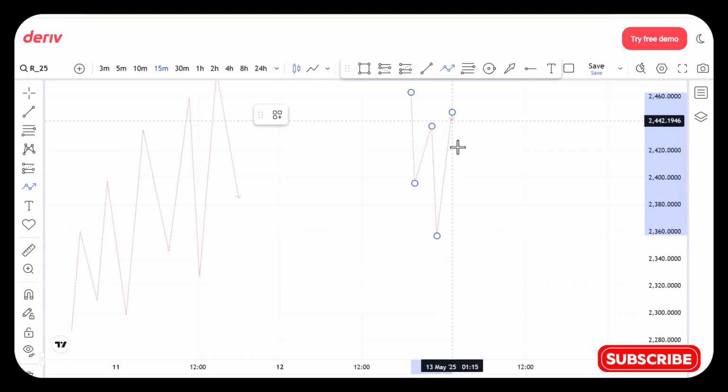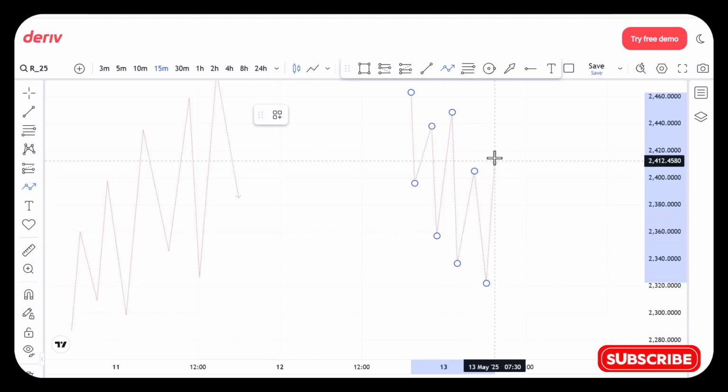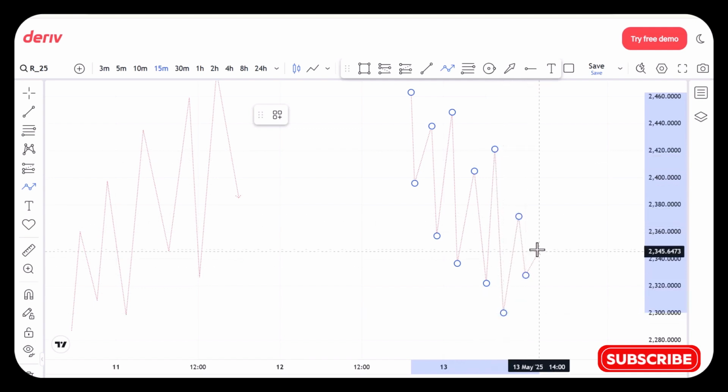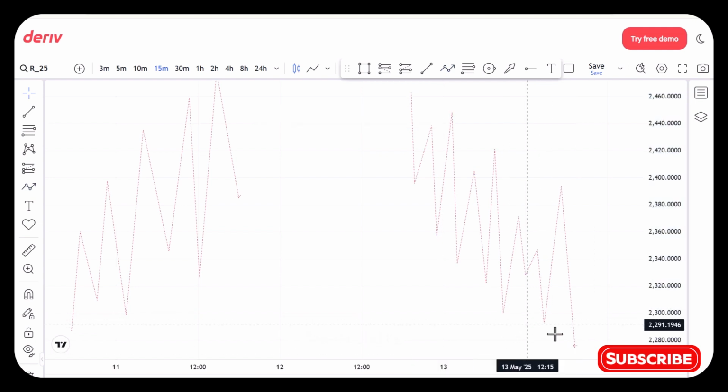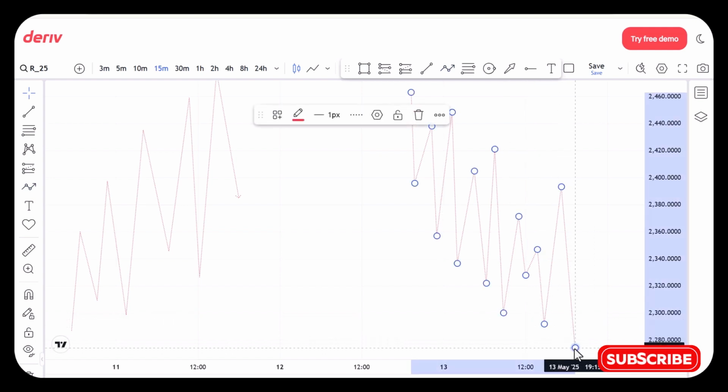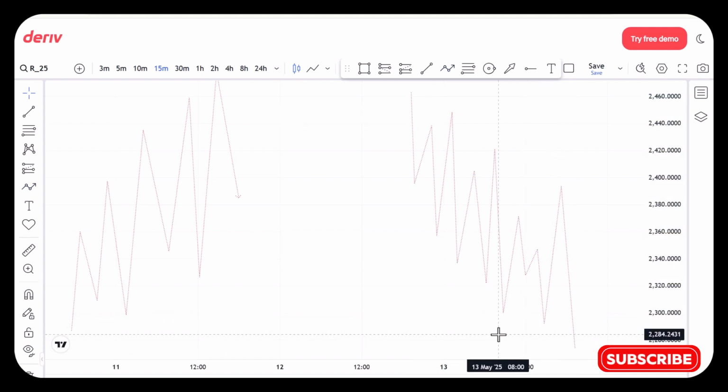Take out a liquidity, give us a new break of structure, create another potential lower high, give us a break of structure again, and take out that liquidity, and it will continue in that order. There will always be a sweep of liquidity at the end of the day. So this is how a bearish market looks like in a complex scenario.